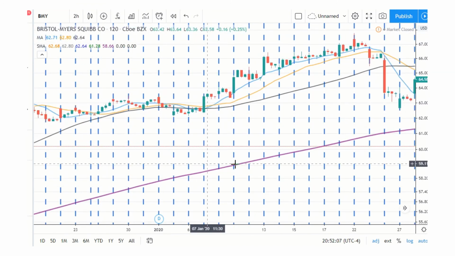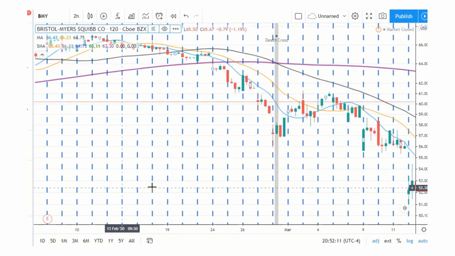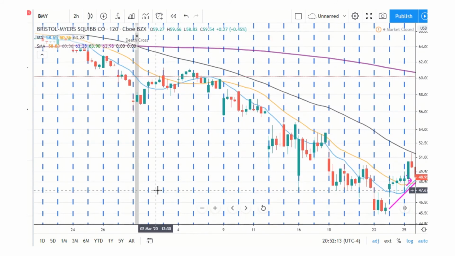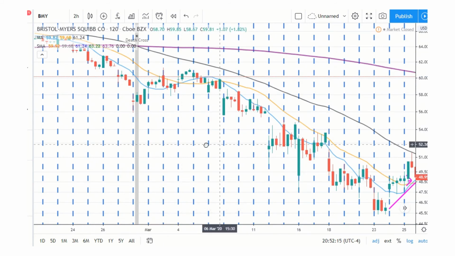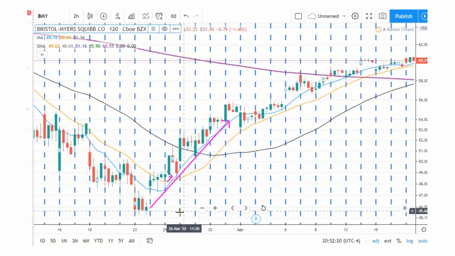All right, and again, let's go back to where we were. And here we go. And if you notice, 47.86, you could have entered. You see it's going up.